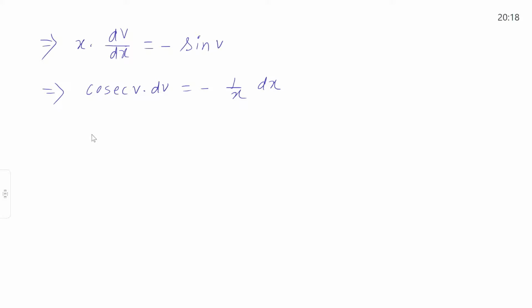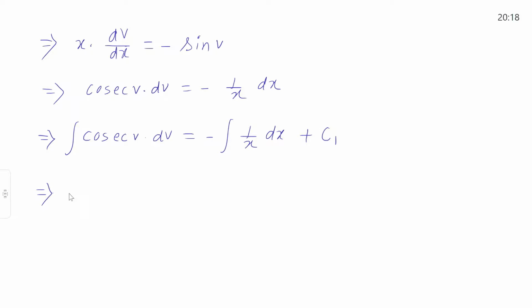Is that clear? Now just take the integral. Integration of cosec v dv is equal to minus integration of 1/x dx plus some constant of integration c1.